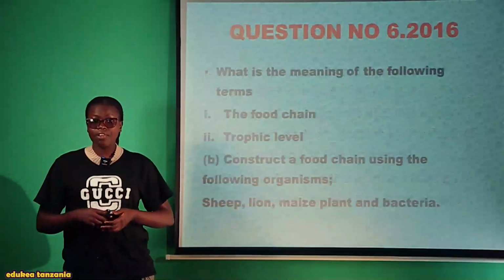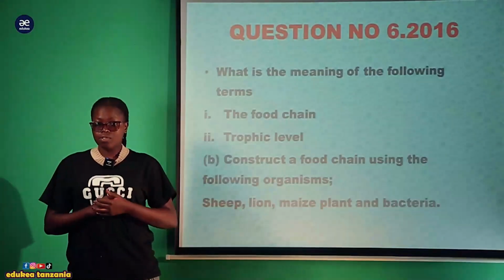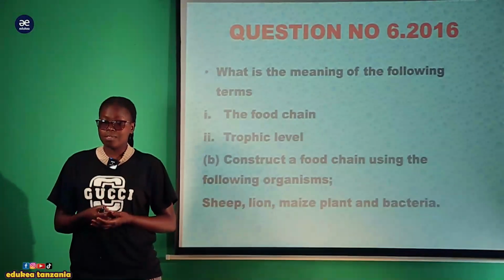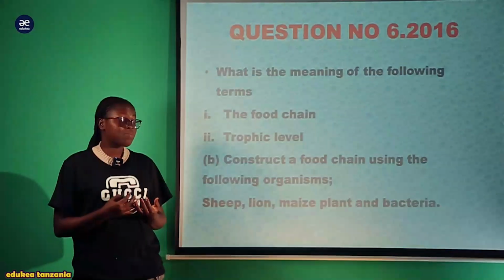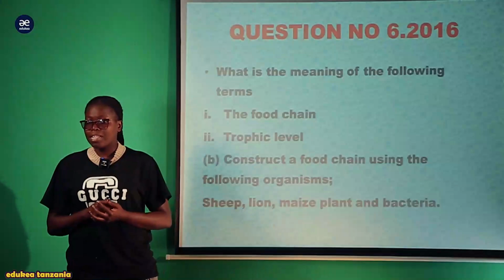So, my lovely Form 2 students, before we answer the question, first of all, we have to be aware of where the question has been derived. Our question has been derived from our Form 2 topic of the balance of nature.